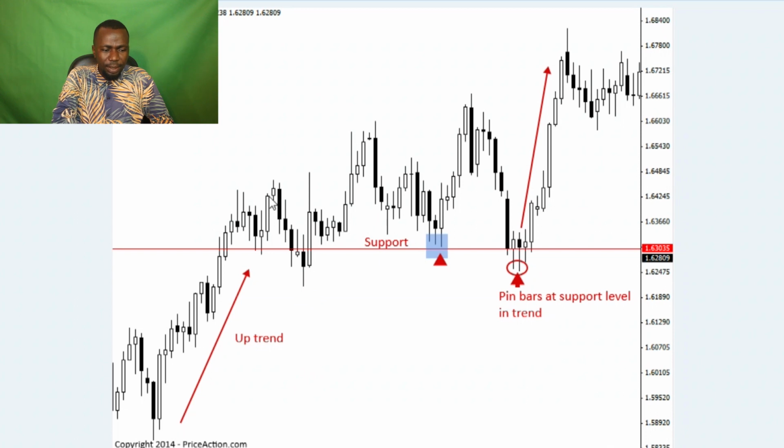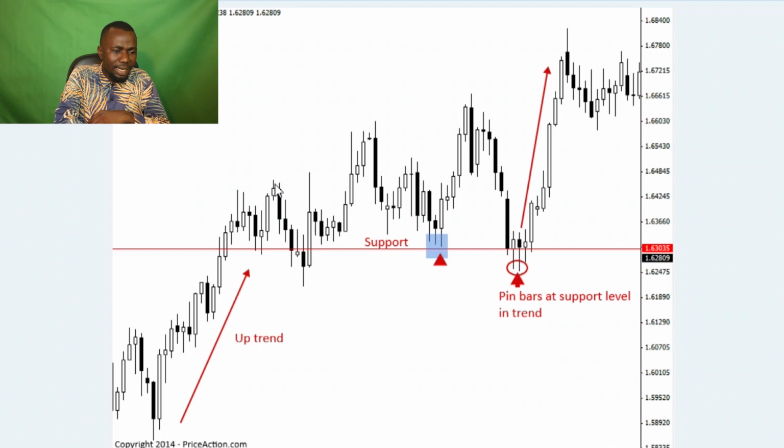This point where the price reversed from becomes a resistance level, and this point where the price reversed from becomes a support level. Since the market is clearly in an uptrend, we are only looking at the support level. That is where we are to place our buy trade, not at the resistance level. So we ignore the resistance level and only look at the support level.